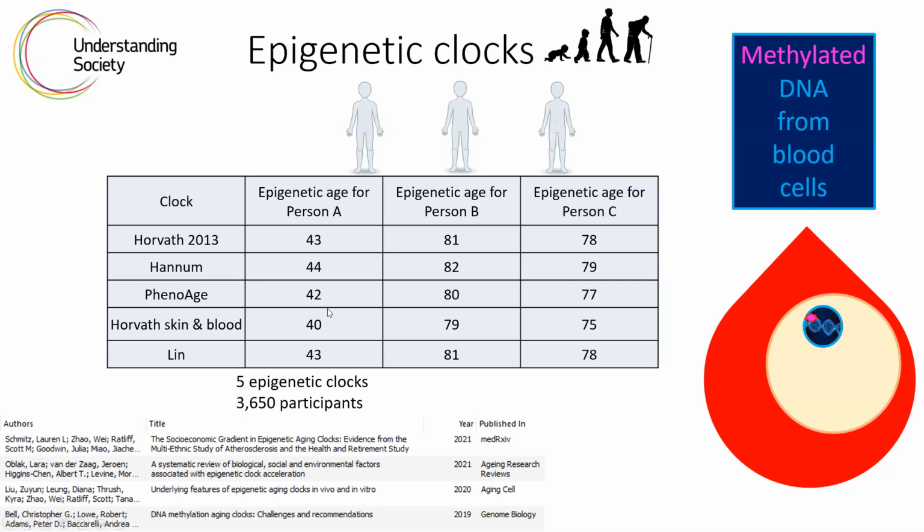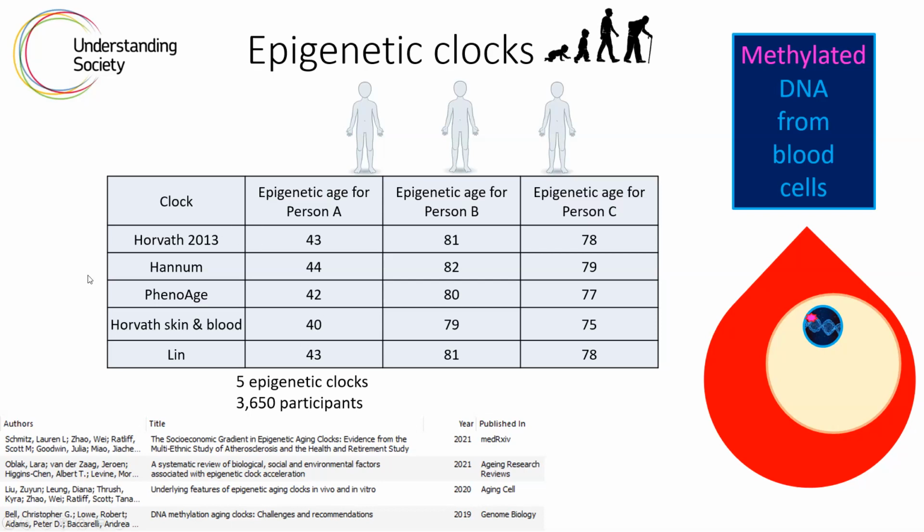They differ slightly, but this person probably would be 41 or something. They correlate with your actual age, but some people will have accelerated biological aging, and this can sometimes be predictive of age-related disease and mortality. So it's an important biomarker to see life getting under the skin and accelerating your age.